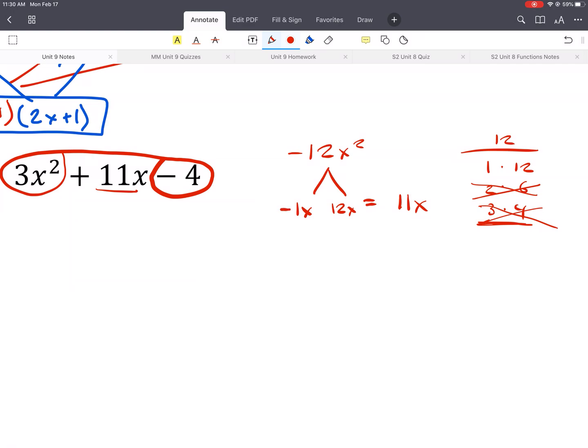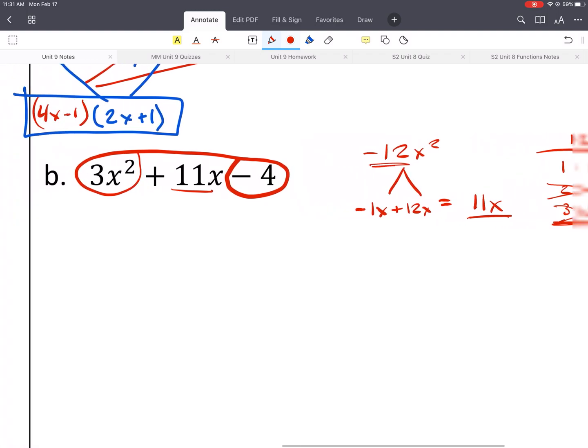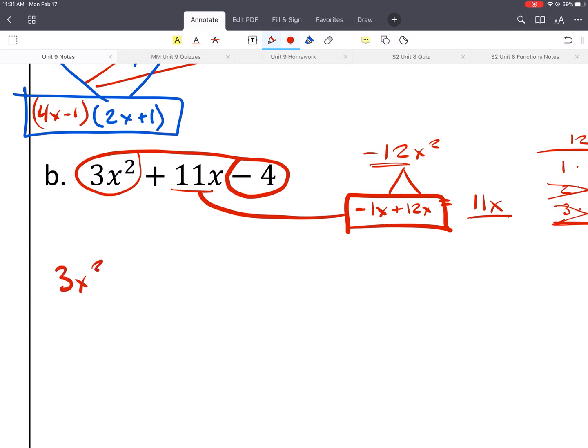It would have to be a negative 1x and a plus 12x, because when you combine those together, it gives us 11x. And if we multiply those, negative 1 times 12 gives you negative 12x squared. So we've got that, and we'll substitute that in for the middle term. So we'll have 3x squared minus 1x plus 12x minus 4.